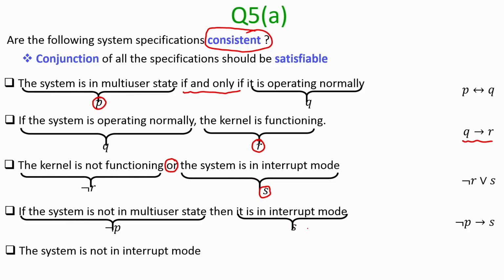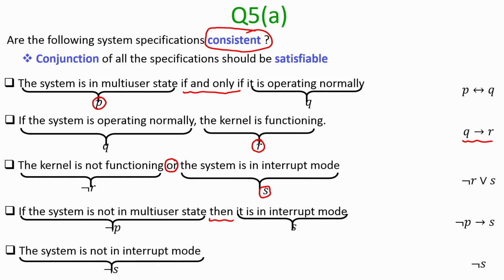So, the system is in interrupt mode will be represented by S, and this is an if then statement. So, it will be negation P implies S, and the last statement is the system is not in the interrupt mode. So, this statement will be represented by negation of S.